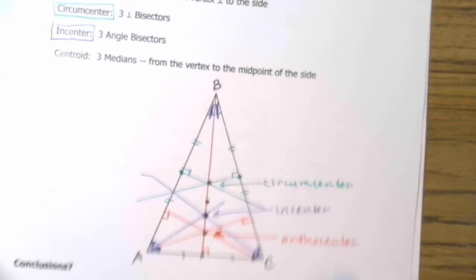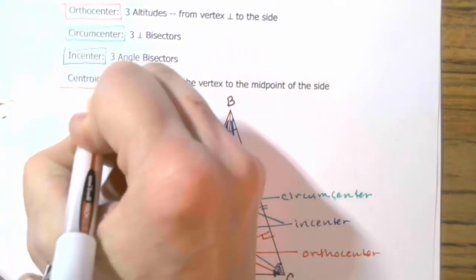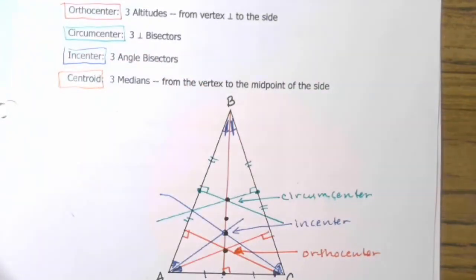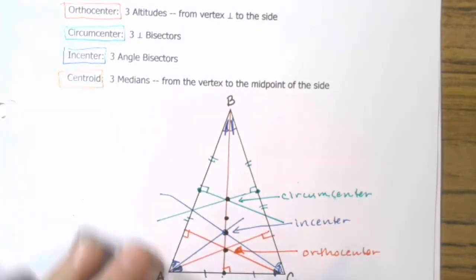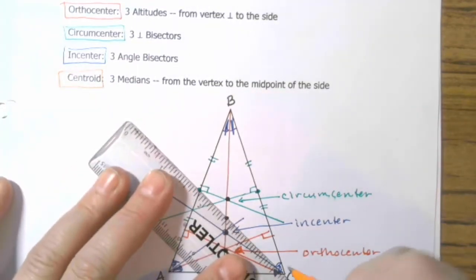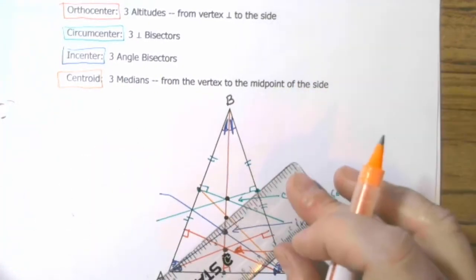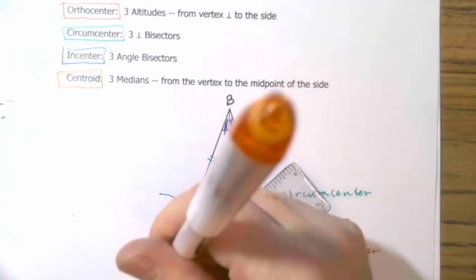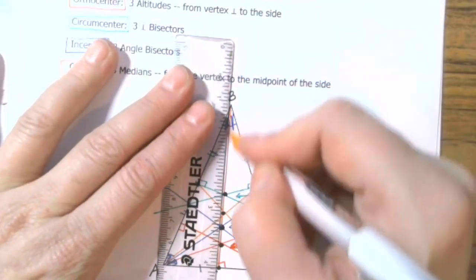And there's only one dot left, so you probably can figure out where the centroid is. The centroid is where the three medians meet up. If I draw C to the midpoint of AB, which we already have marked. If I draw A to the midpoint of BC, which we already have marked. And from B to the midpoint of AC is already there.